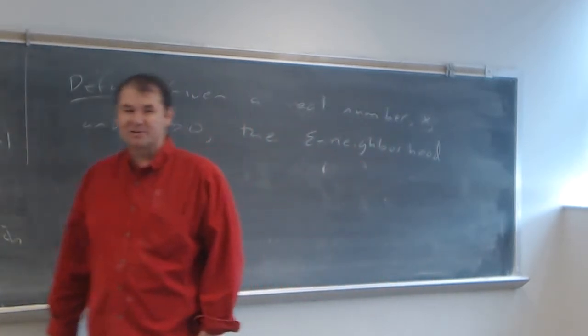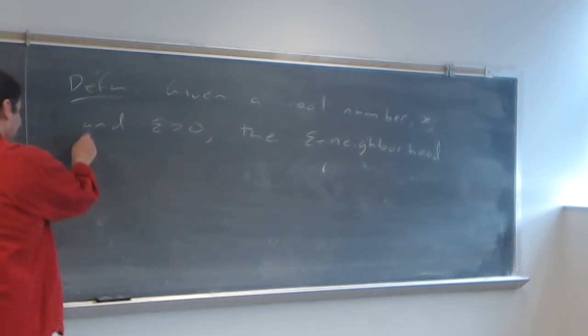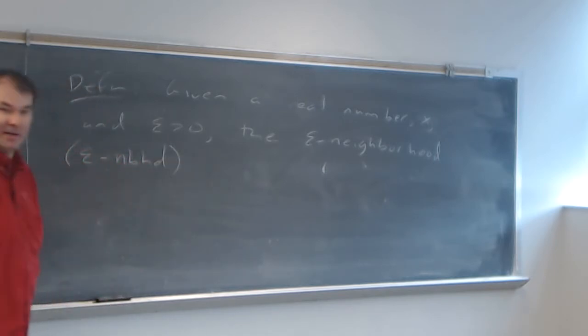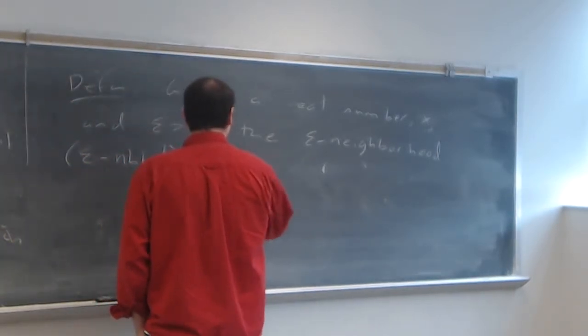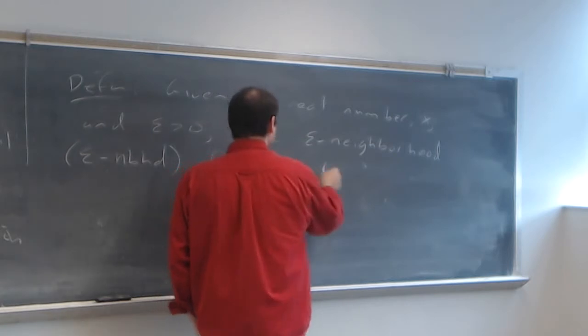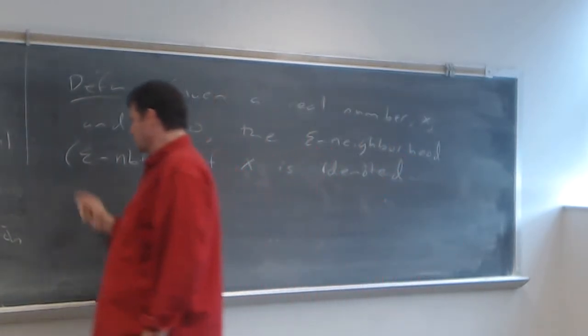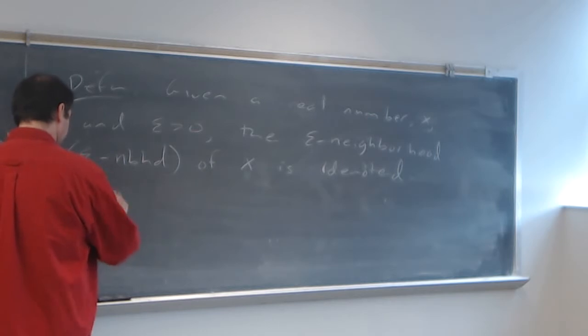Nobody in mathematics writes out the word neighborhood as I did, except the first time they're defining it for you. And then they'll say epsilon NBHD, neighborhood. That's our abbreviation for it, okay? The epsilon neighborhood of x is denoted, here's the way the book denotes it, V sub epsilon of x.